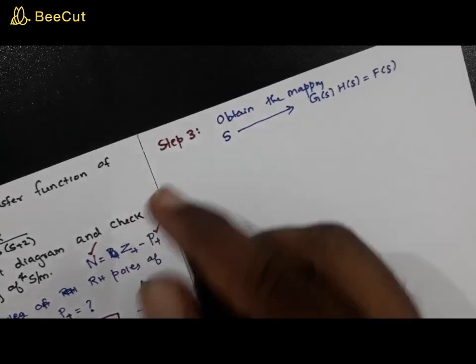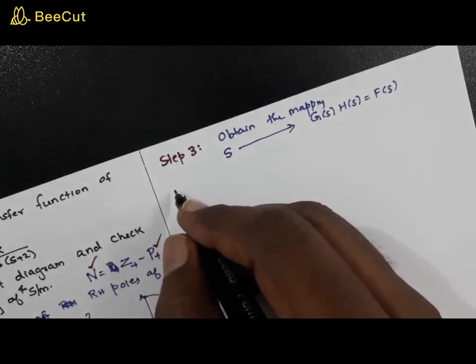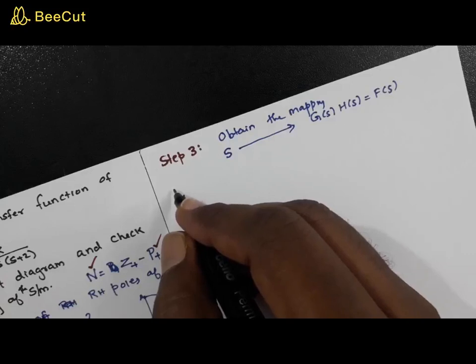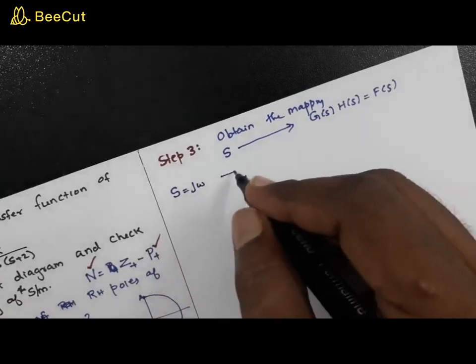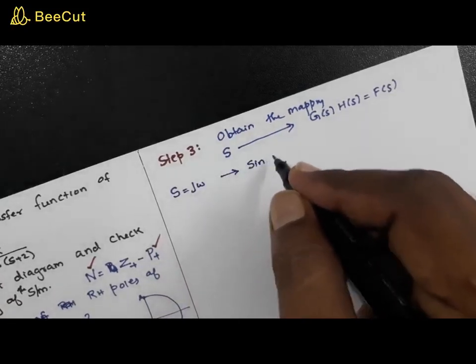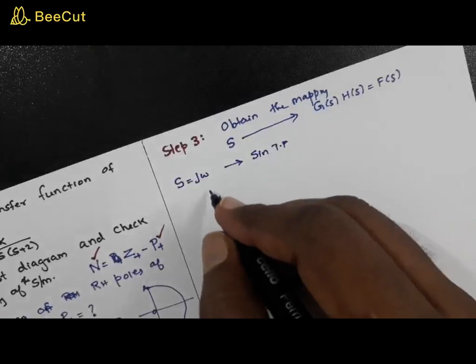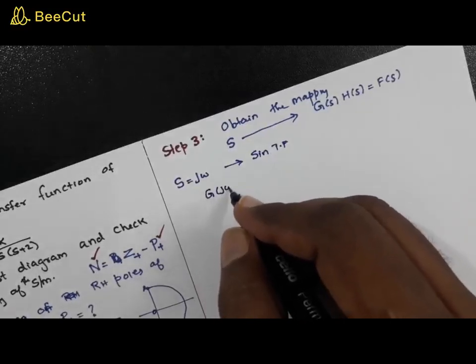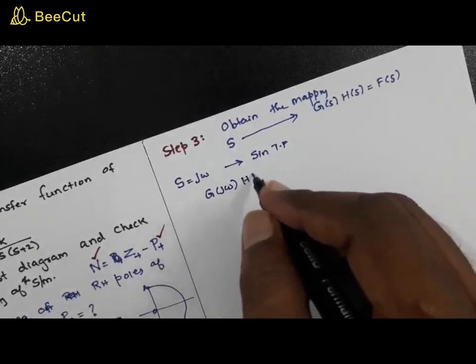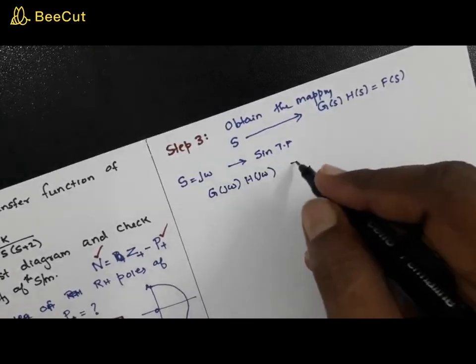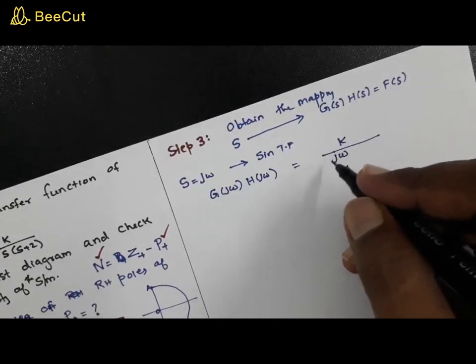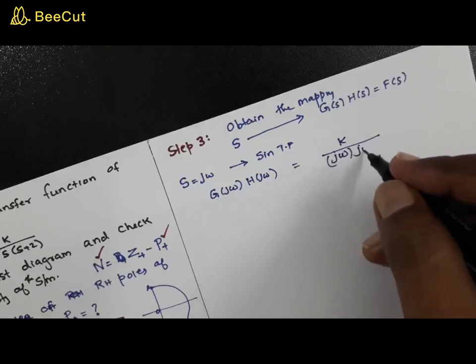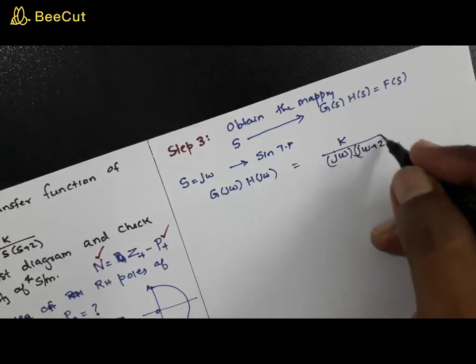Before mapping, there are some steps to be done. Put s equal to j omega and obtain the sinusoidal transfer function. So the sinusoidal open loop transfer function becomes G(j omega) H(j omega) equal to k divided by j omega into (j omega plus 2), right?